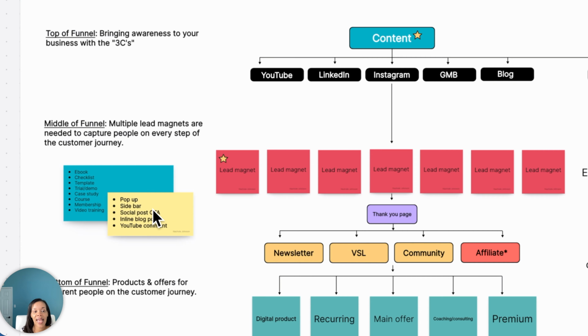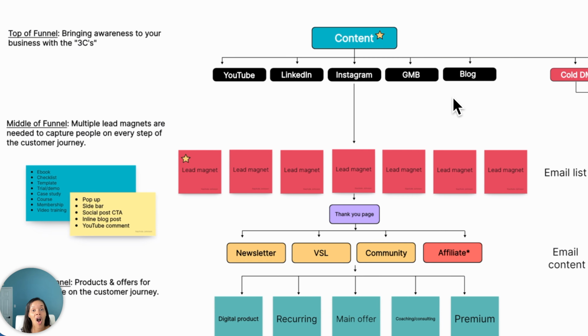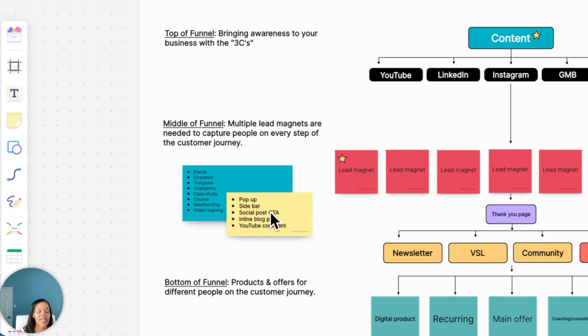Another one is a social post call to action. Whatever social media platforms you're on, make a post and say, hey, if you're interested in this, download my free lead magnet, XYZ here, right? Another thing is while you're writing your blog, you can put it in your blog.